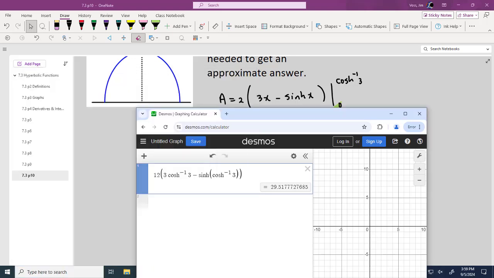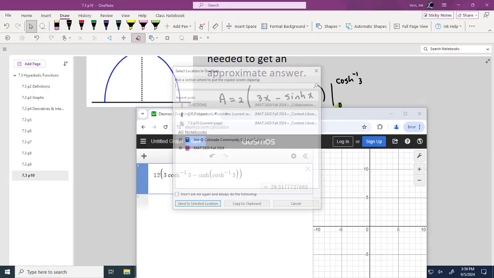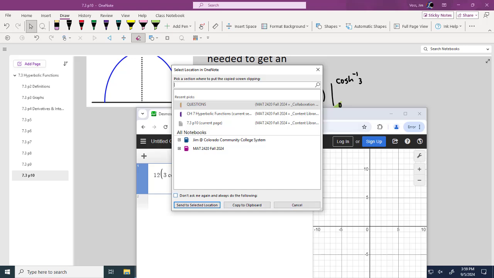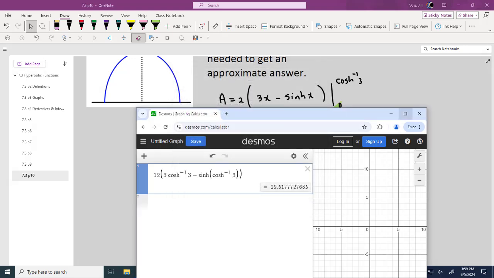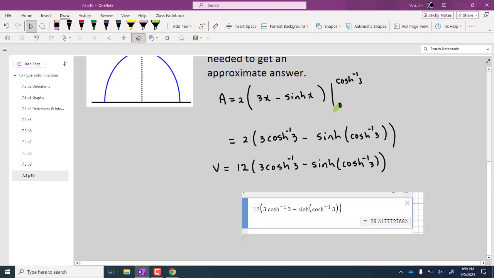What was that shortcut for the snipping thing? Windows Shift S. Windows Shift S or Control Shift S? Windows Shift S. I need to remember that. That's good to know. You can always look up snip in the Windows box as well.